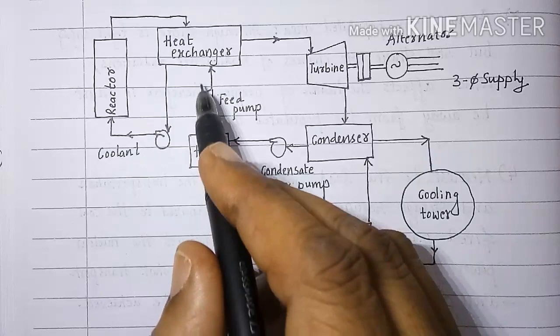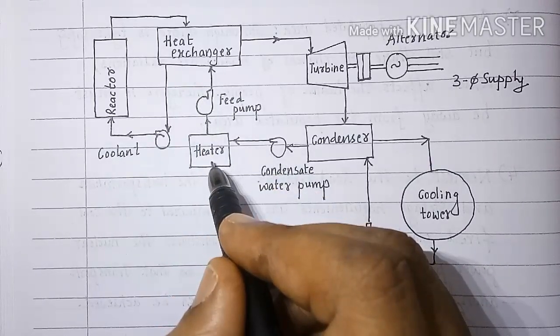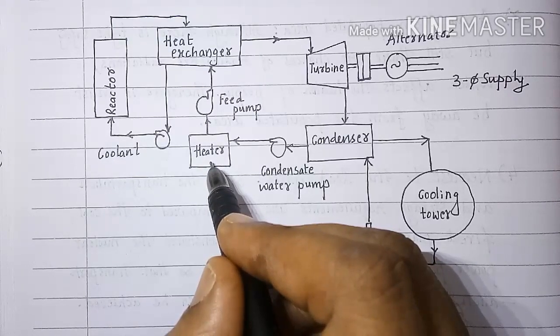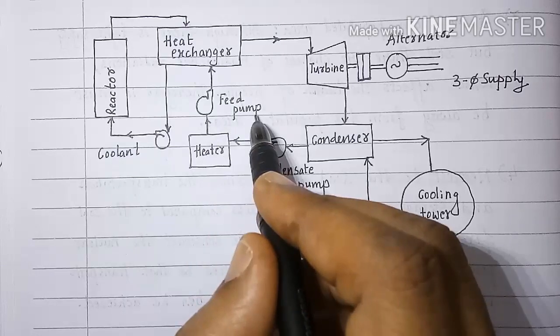But before sending the water into the heat exchanger, the water is heated once again here. When that condensate water is heated, the pressure increases, and that pressure is further increased by using feed pump.